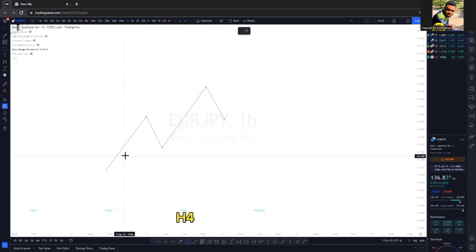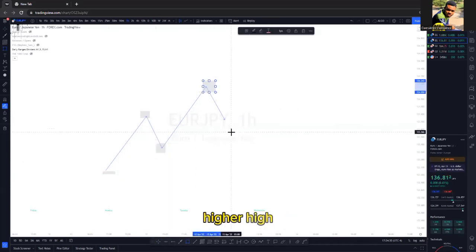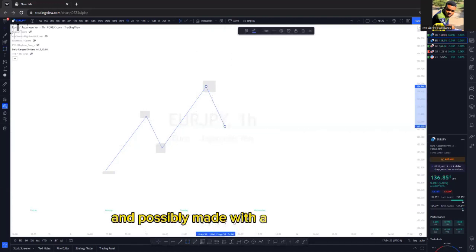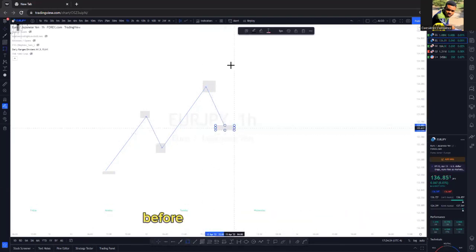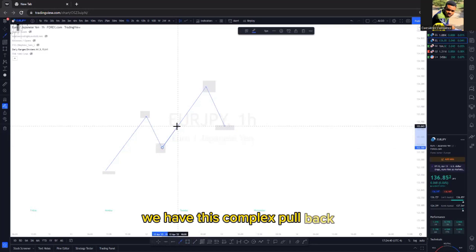On H4, we have this low, higher high, higher low, higher high, and possibly a new higher low before the trend continues. Then on the H1, we have this complex pullback inside.